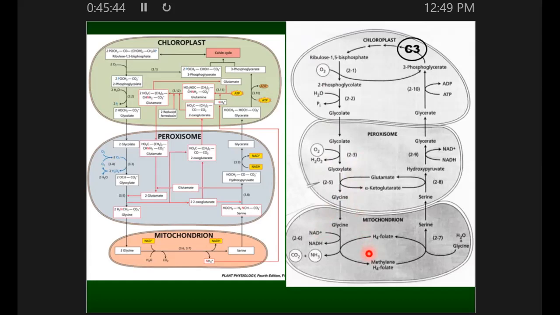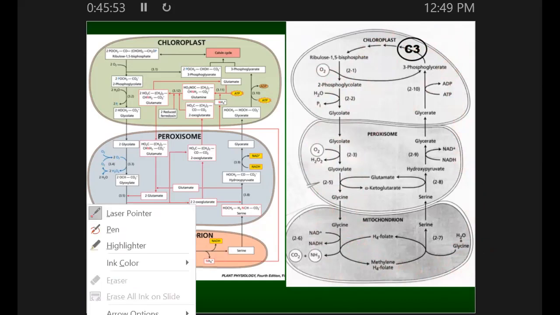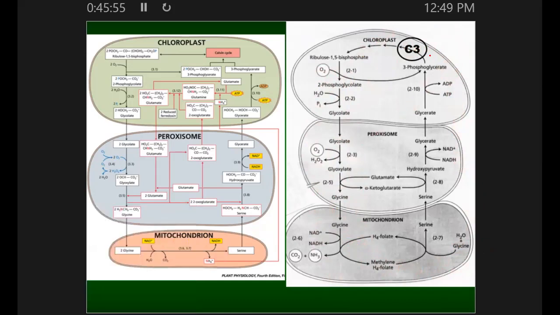And not only that, this whole thing has to run twice in order to end up with this very last, very precious molecule here. That's PGA. And then I drew the C3 cycle there. So that PGA, once it finally gets made, it can get dumped into the C3.